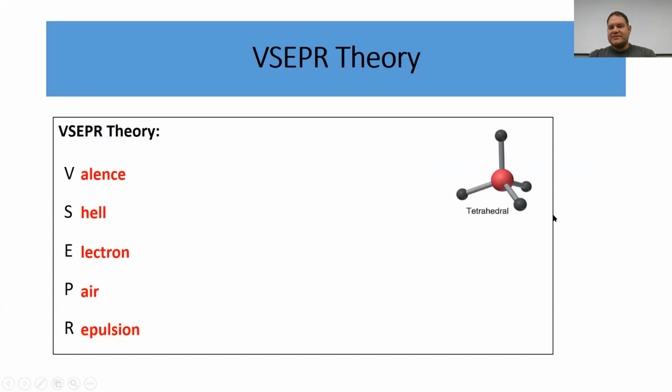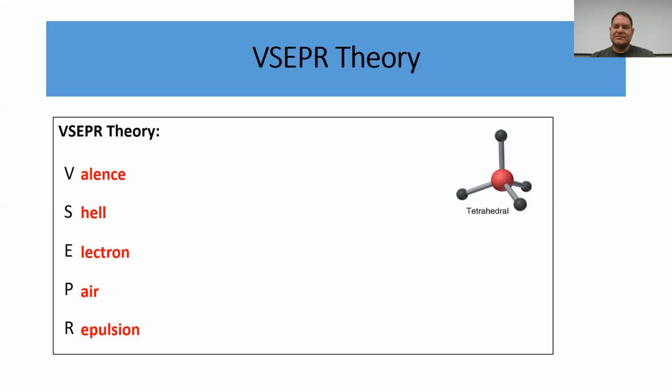All right, so what does VSEPR stand for in the first place? Well, it stands for valence shell electron pair repulsion. Just as the name implies, it gives us key insights into how to predict the molecular geometry of molecules.